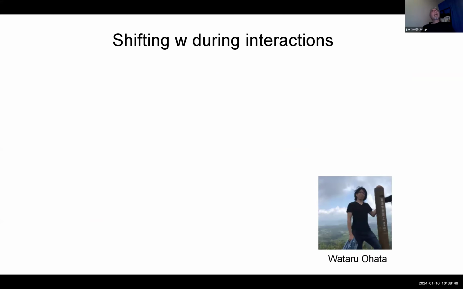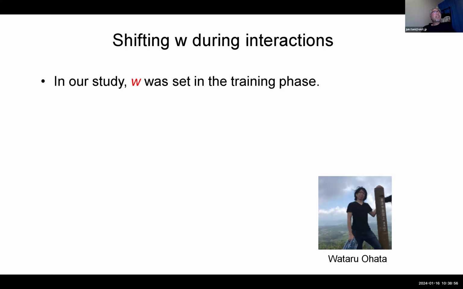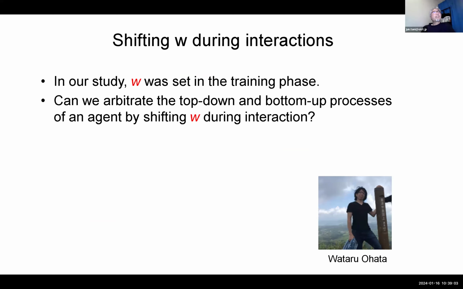Okay, and then next is shifting W, the multiplier W, during the interaction. In our study, W was set in the training phase. Once the robot is trained with high W or low W, a high W robot is more intention-driven, but a small W robot is more passive, sensory driven.